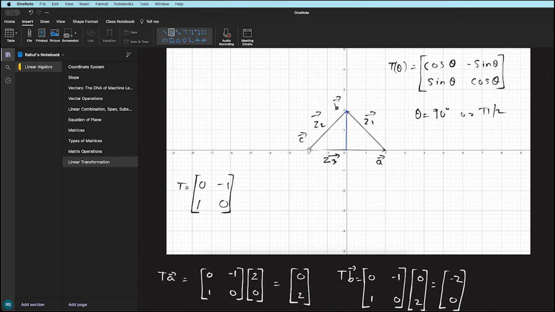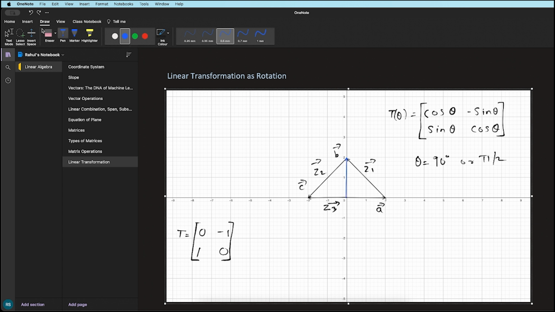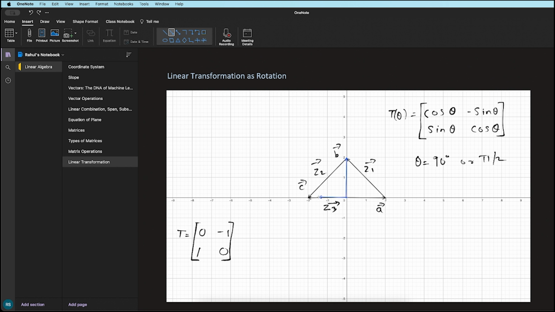This is transformed vector B. Let me draw it once again. So this is transformed vector B. Then I will draw the transformed vector C, that is (0, minus 2).